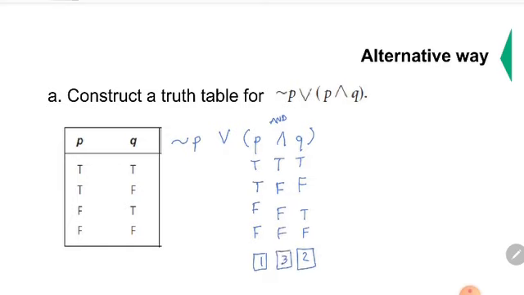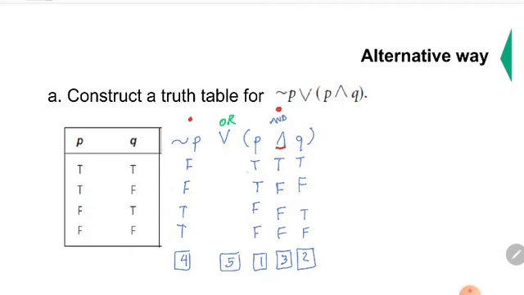I-negate ko yung P. That's my 4th step. False, true, and true. And finally, number 5. I have to look at number 3 and number 4. Remember, sa number 3, dito ako nag-solve ng conjunction ng P and Q. So, that's the final answer for the parenthesis. Or naman. So, if one of them is true, the compound statement is true.